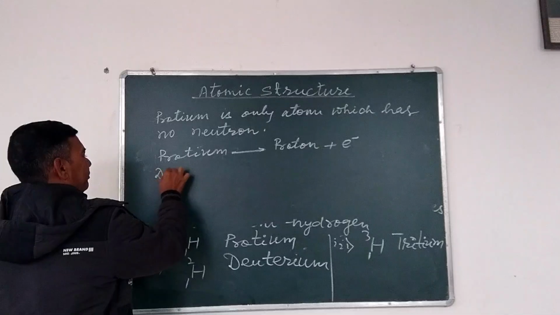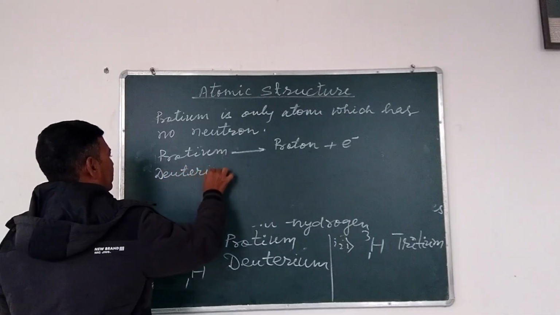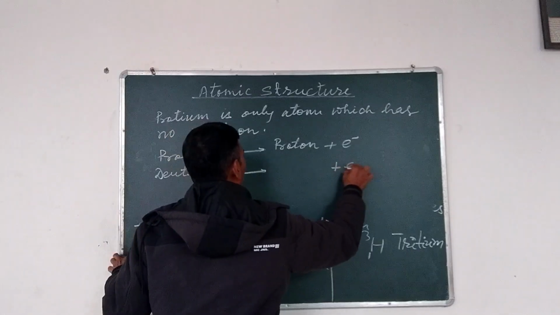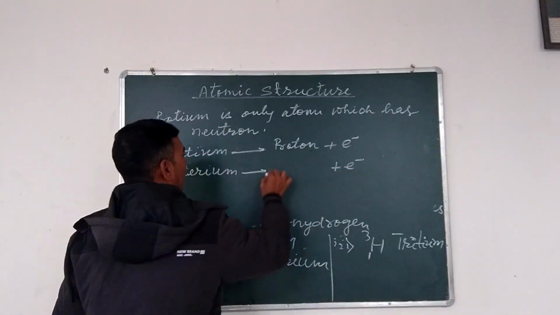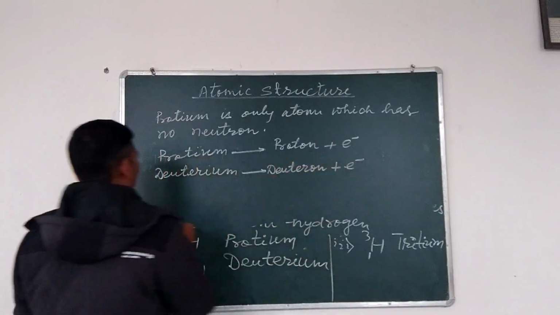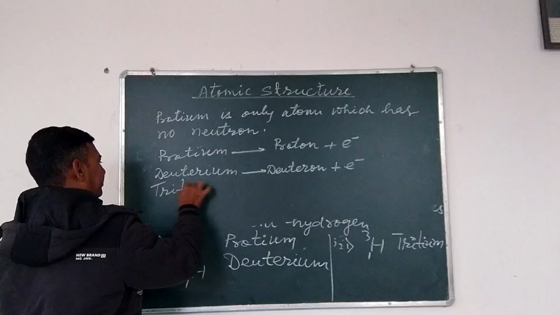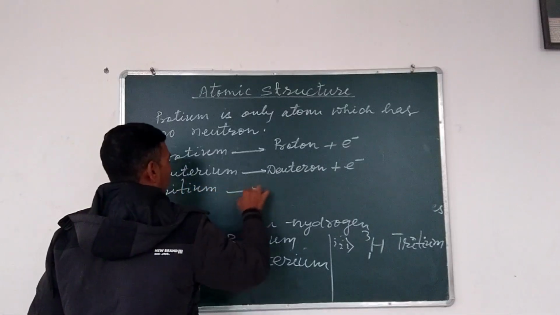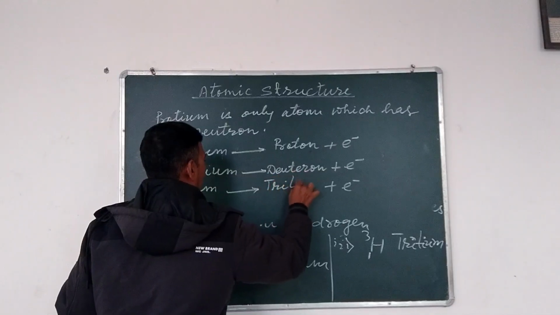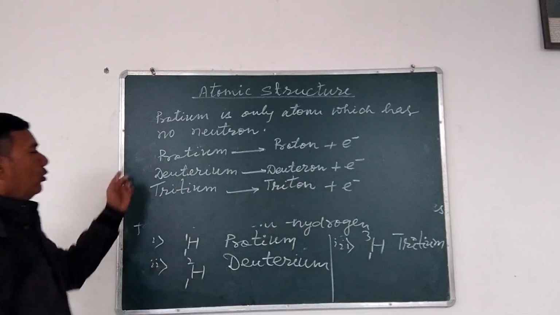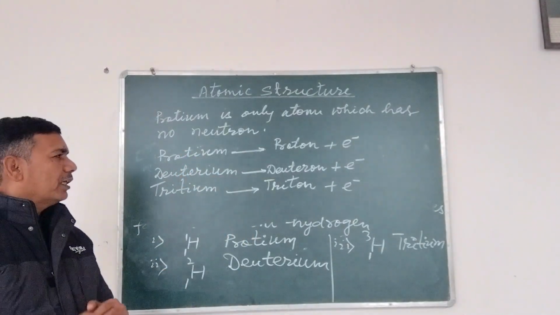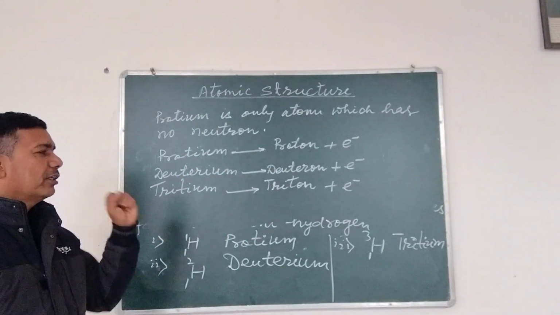When deuterium loses one electron, it is called deuteron. When tritium loses one electron, it is called triton. So the ion of protium is called proton, the ion of deuterium is called deuteron, and the ion of tritium is called triton.